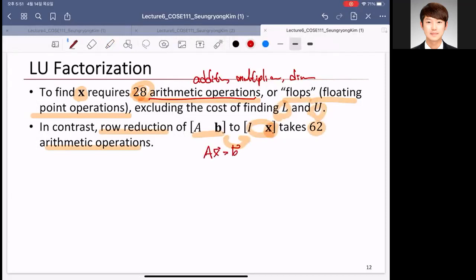In this case, it takes 62 flops compared to the 28 flops in the LU factorization based solution, right? So that's why if you have L and U, you can more efficiently solve your AX equals B.